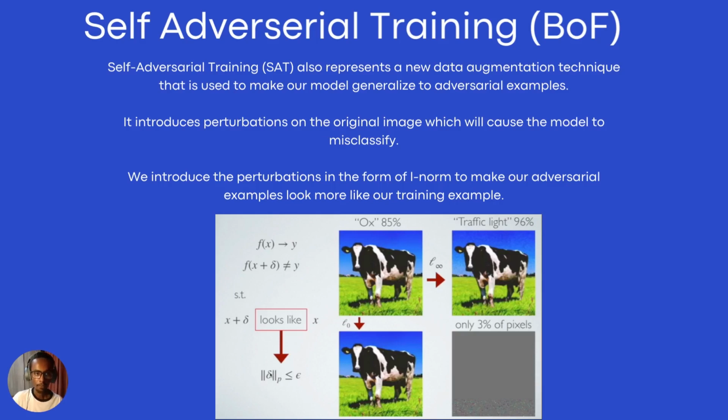If you have a function f of x, which gives you a prediction y, then when you introduce a small perturbation delta to x, it gives you an incorrect classification y.